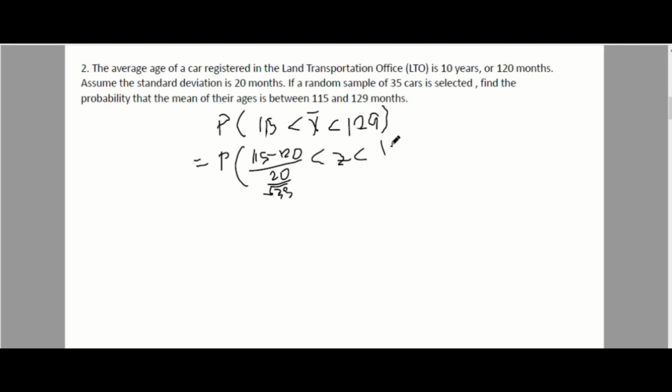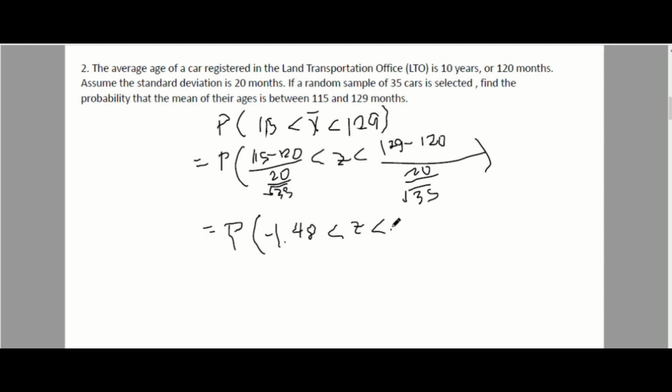So we have 129 minus 120 over 20 divided by square root of 35. So you can use your calculator. The answer for this one is negative 1.48 and the other one is 2.66.